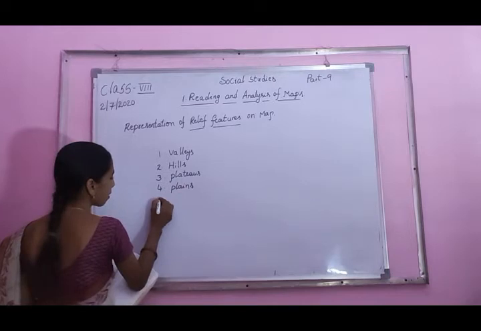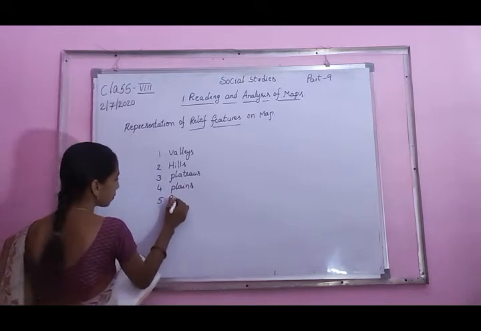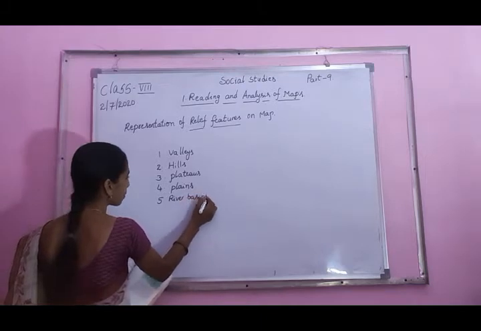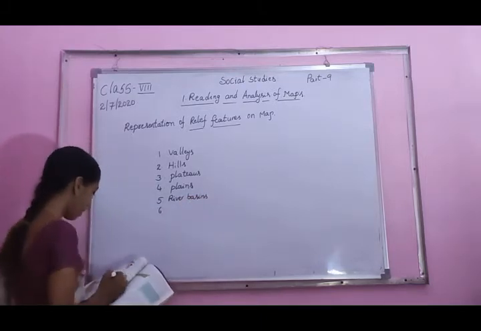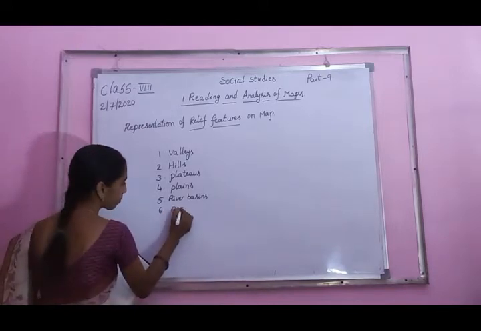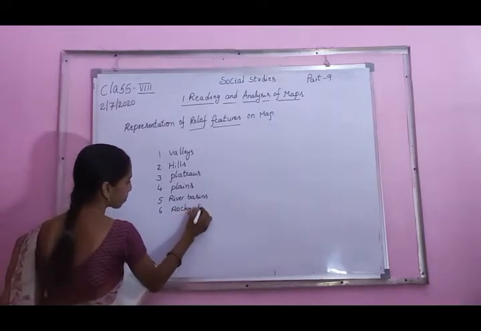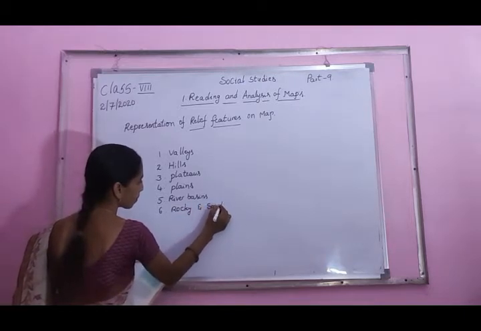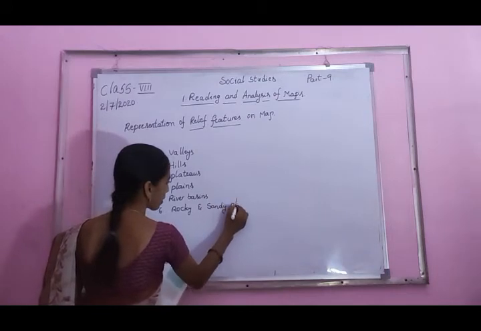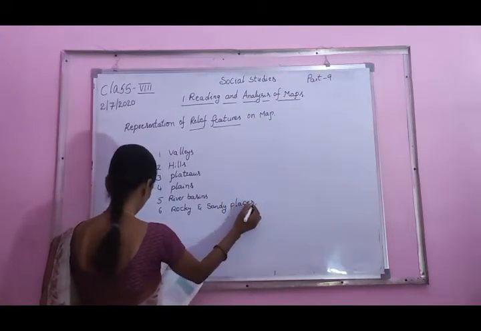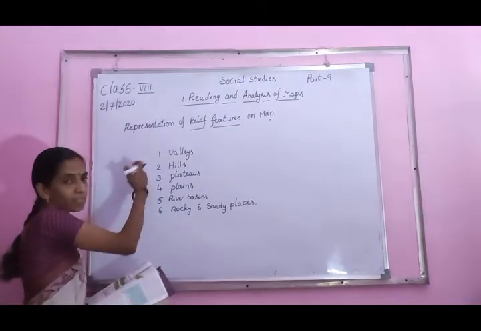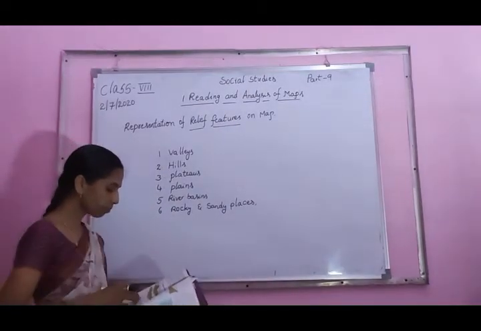River basins, rivers. River basins and rocky and sandy places. Desert areas, I mean, sandy places. These are the main relief features. Main relief features are landforms.